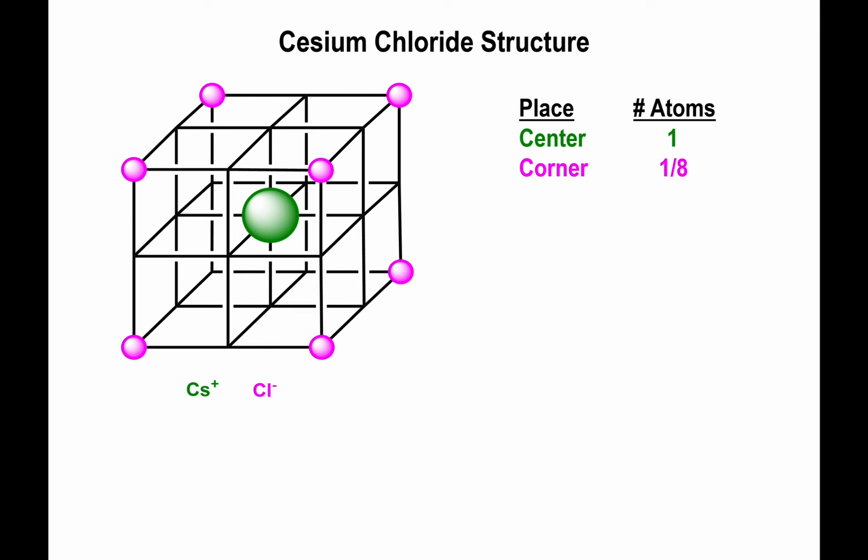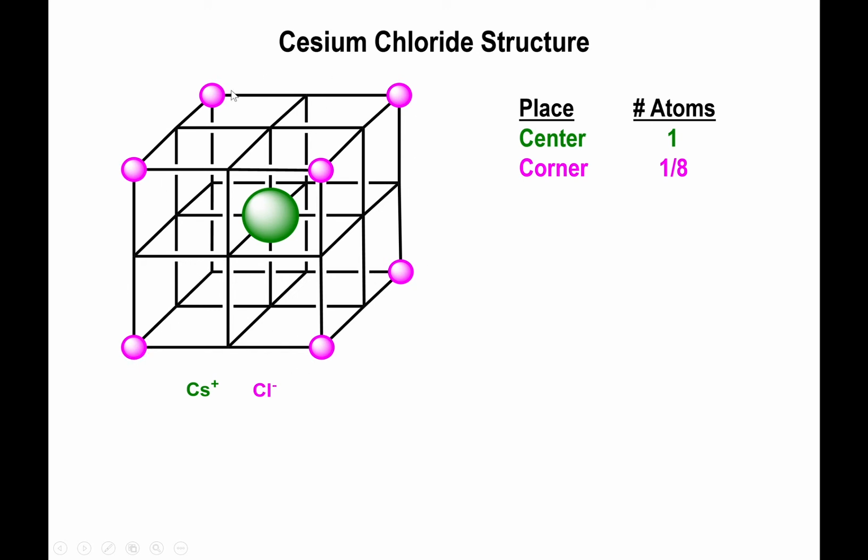Now, similar story. If we look at a different compound, one that contains cesium and chloride, we have a body-center structure. Here, the cesium, which is the green atom, is at the center, so it counts entirely as part of the unit cell. The chloride atoms, however, are present in the corners, and I'm missing 1 right here, so technically there should be 8.